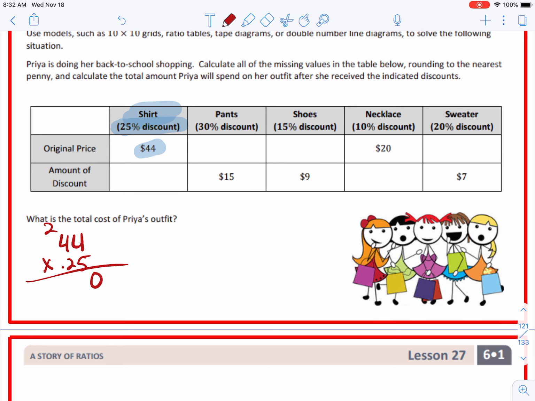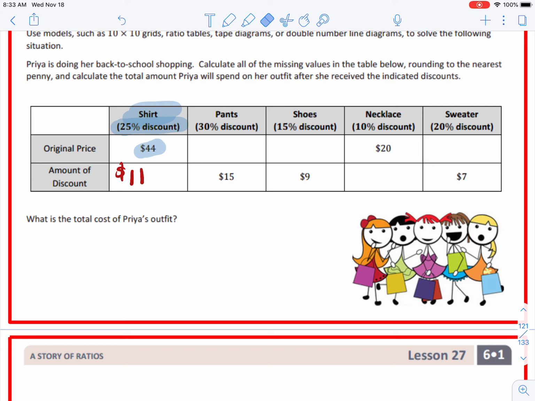I have 20, 20, 22, 0, 8, and 8. We add this up and we get 0, 10, and 11. There's 2 spaces after the decimal. So our answer is $11 is the amount of the discount that they are going to receive from a 25% off on a $44 shirt.